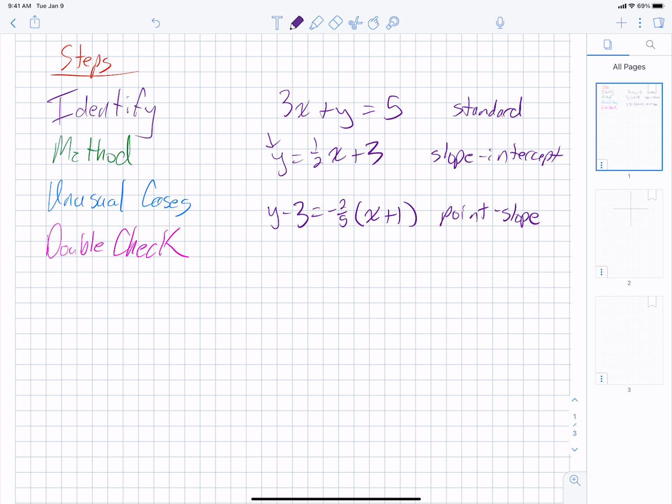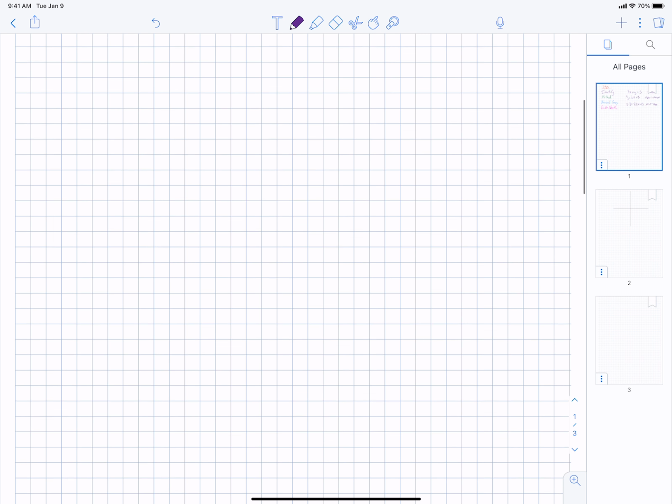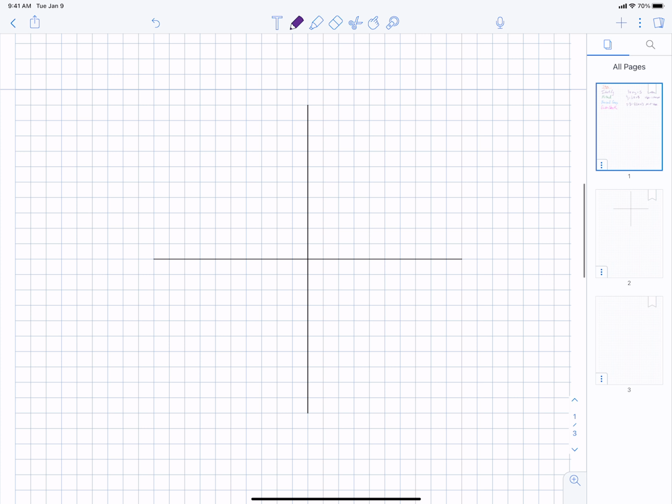What we're going to look at now is the basic method for each of those. So first we'll look at standard form. 3x plus y equals 5 was our example equation here. The basic method for standard form is to simply find solutions. That's what you're doing when you graph anyways, graphing the solutions.